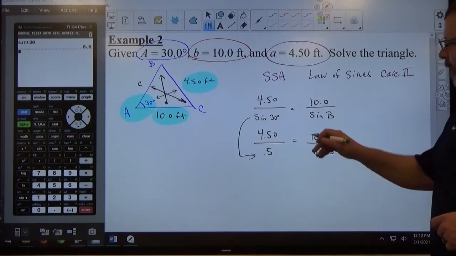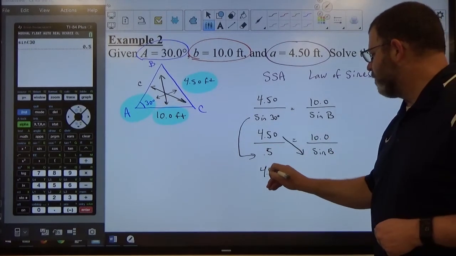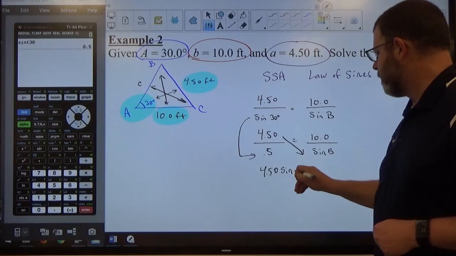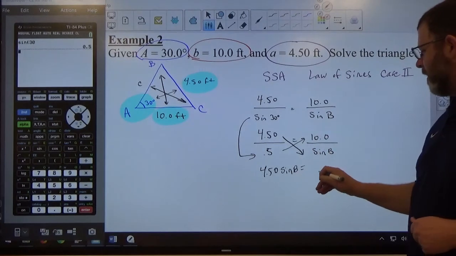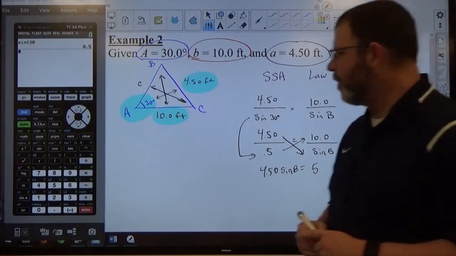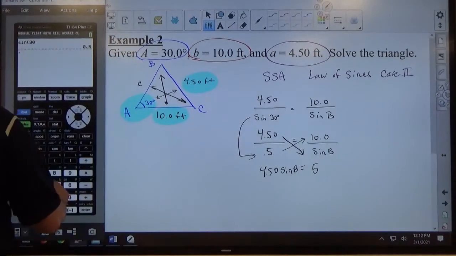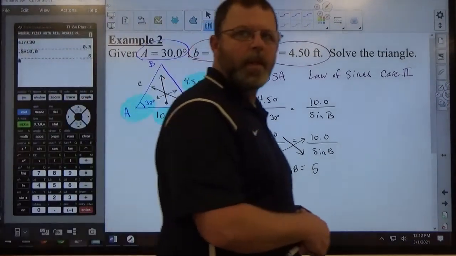So, I cross multiply now, I'm going to get this product, 4.50 sine of B equals this product. I happen to know 0.5 times 10.0 is 5.